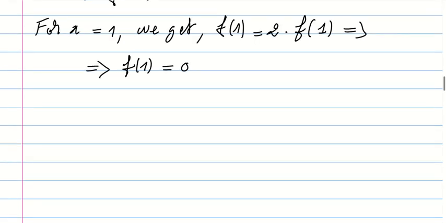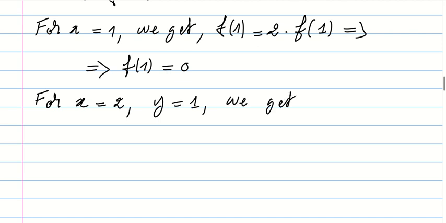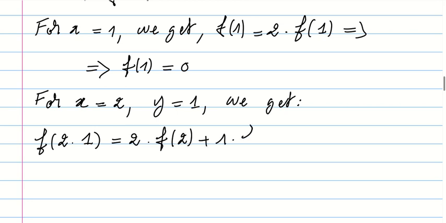Also for x equals 2 and y equals 1, if we replace x and y in equation 1, we get that f of 2 multiplied by 1 equals 2 multiplied by f of 2 plus 1 multiplied by f of 1.